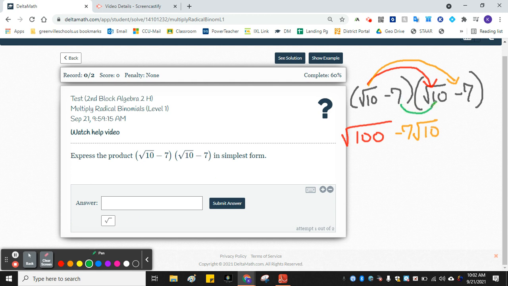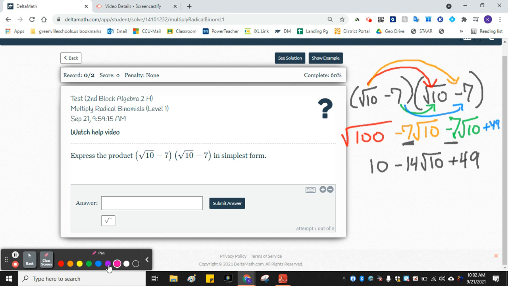Then we're going to do 7 times negative 7 times square root of 10. Negative 7 square root of 10. And then lastly, negative 7 times negative 7 is a positive 49. And then we simplify. Square root of 100 is 10. Negative 7 square root of 10, negative 7 square root of 10. Like terms, so add your coefficients. You get negative 14 square root of 10 plus 49.